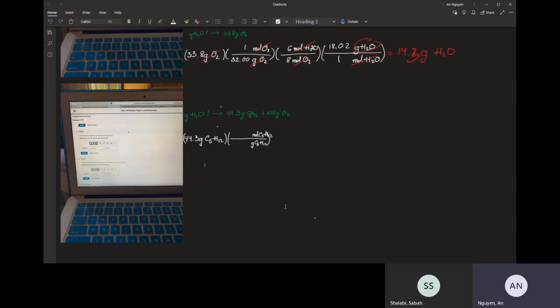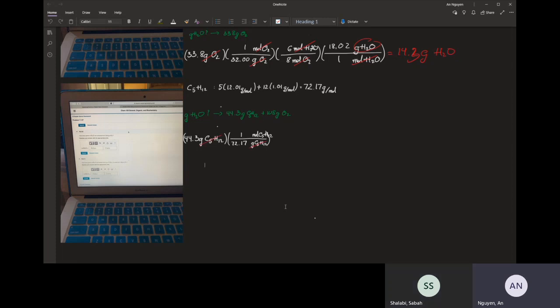For C5H12, 5 carbon, which is 12.01 grams per mole, plus 12 hydrogen, which is 1.01 grams per mole. 5 times 12.01 plus 12 times 1.01 is 72.17 grams per mole. So we have 1 mole for every 72.17 grams, and we can see that grams is canceled.